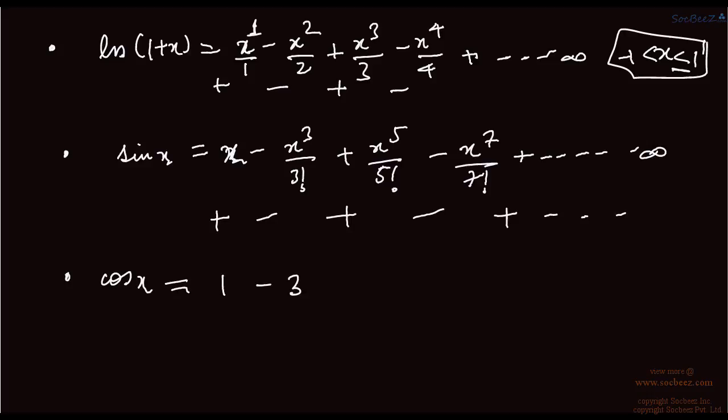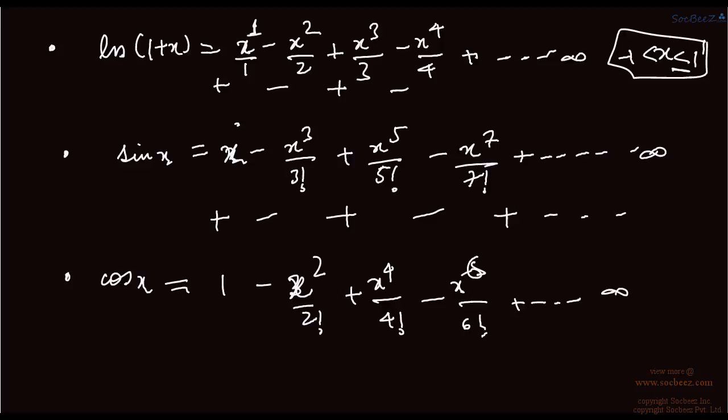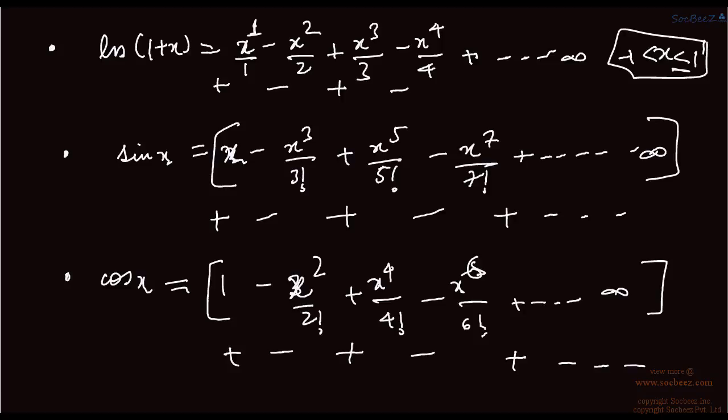So it will be 1 minus x squared by 2 factorial plus x to the power 4 by 4 factorial minus x to the power 6 by 6 factorial up to infinity. You have to differentiate this series. This also has alternating plus minus signs.